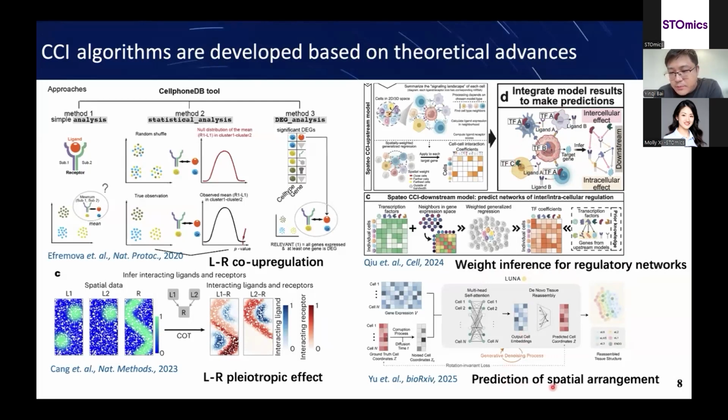So the whole spatial arrangement of cells might be inferred by solely single cell data without any coordinates. This is a very interesting topic, and I think in the near future, many algorithms in spatial transcriptomics can be derived from this concept, especially for the neighboring cell communications.